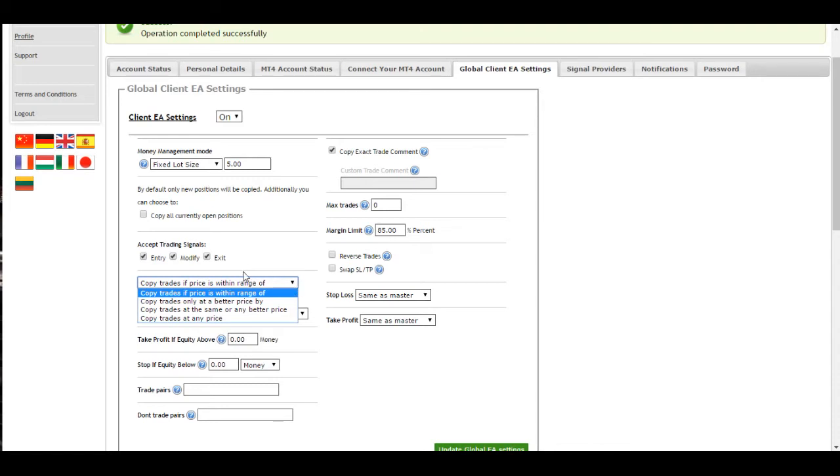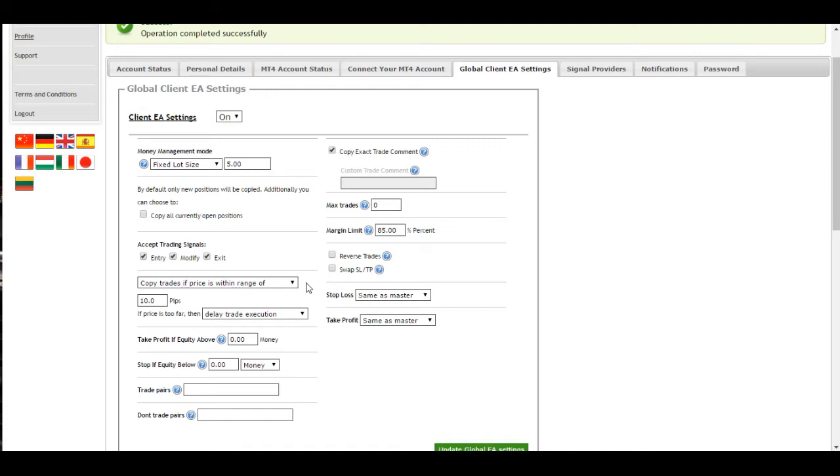Copies trade if price is within a range of 10 pips, and this is for everybody. Some people, you can do 5 pips. A smaller number might get you fewer trades, because a lot of things depend on your internet connection and where you're located.